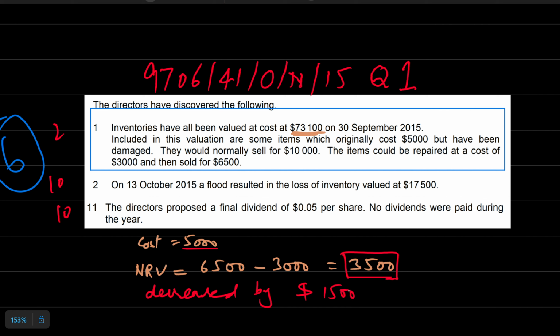So students, correct value of inventory will be 73,100 minus 1,500, and that will be 71,600. So in this case also, if we are supposed to prepare a corrected profit statement, 1,500 will be deducted from the draft profit, and 1,500 is also deducted from the value of total inventory to get the correct value of inventory.